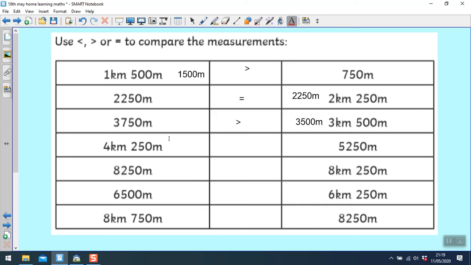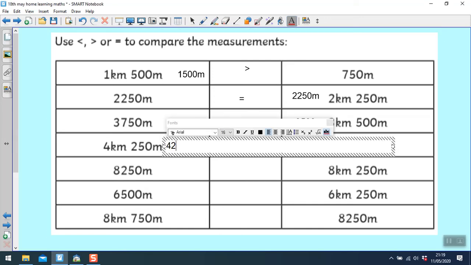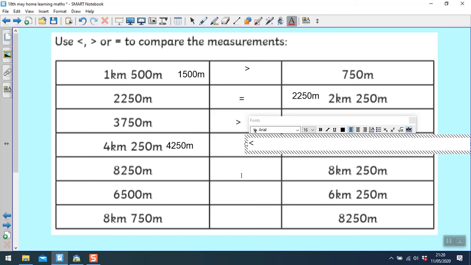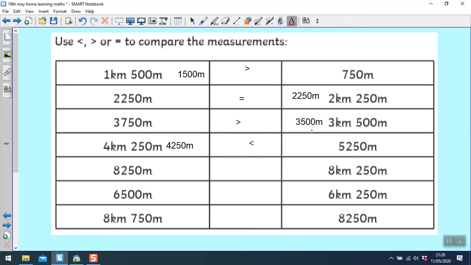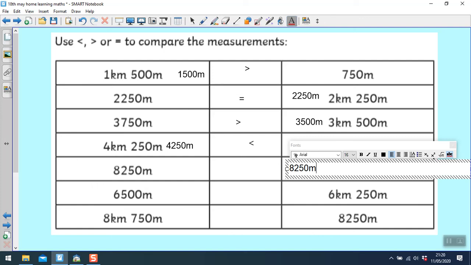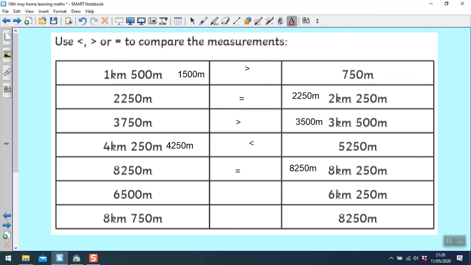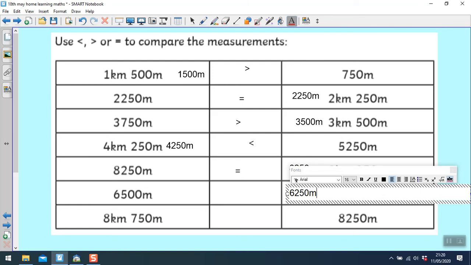4 kilometres 250 is 4,250 metres. 5,250 metres, so that one is the bigger one. So the open mouth of the crocodile points towards this one. 8,250, that's 8,000 plus 250, so they're the same. 6,500, 6 kilometres 250, so 6,000 plus 250, 6,250 metres.